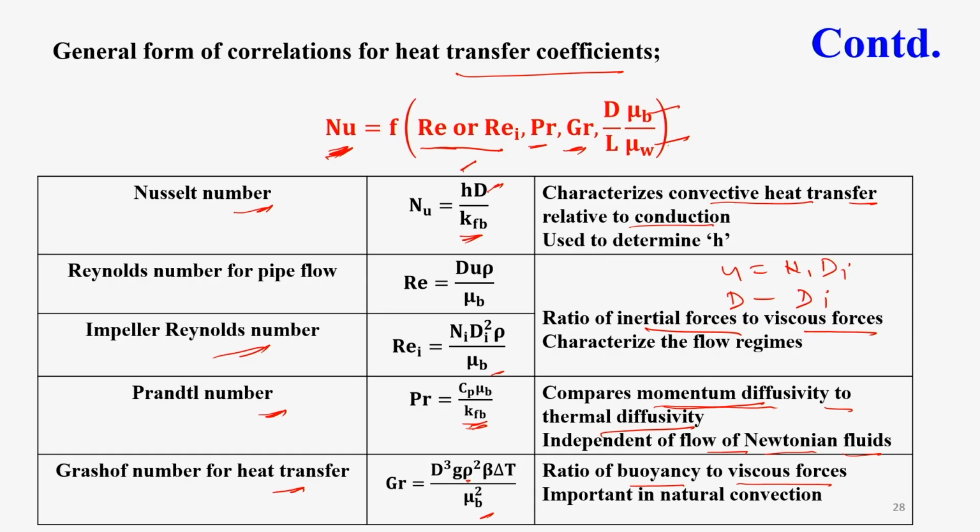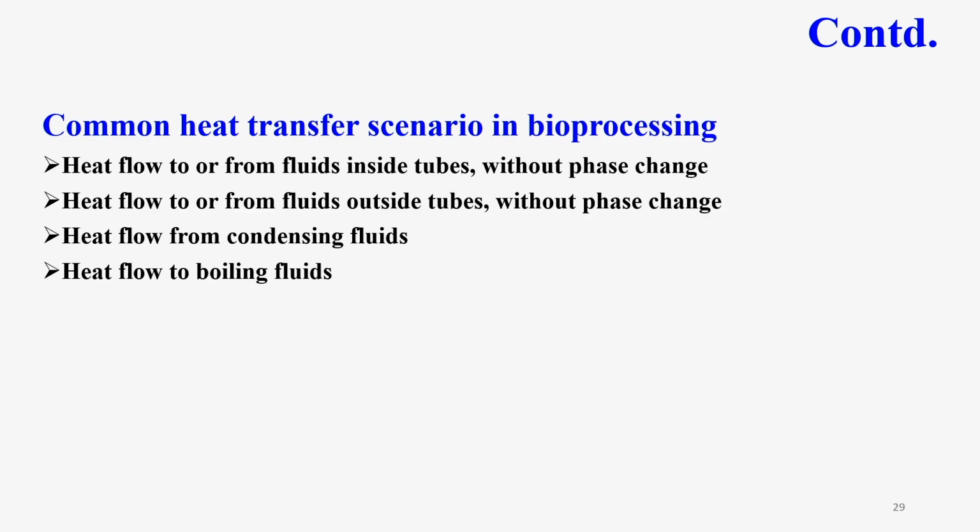So, in fact, this Grashof number we have already discussed in the last lecture as well, and this is important here in natural convection, because there only this gravitational force will be important. Now, there can be a different scenario if you consider the heat transfer, particularly the heat flow to and from fluid inside the tube, and there is no phase change.